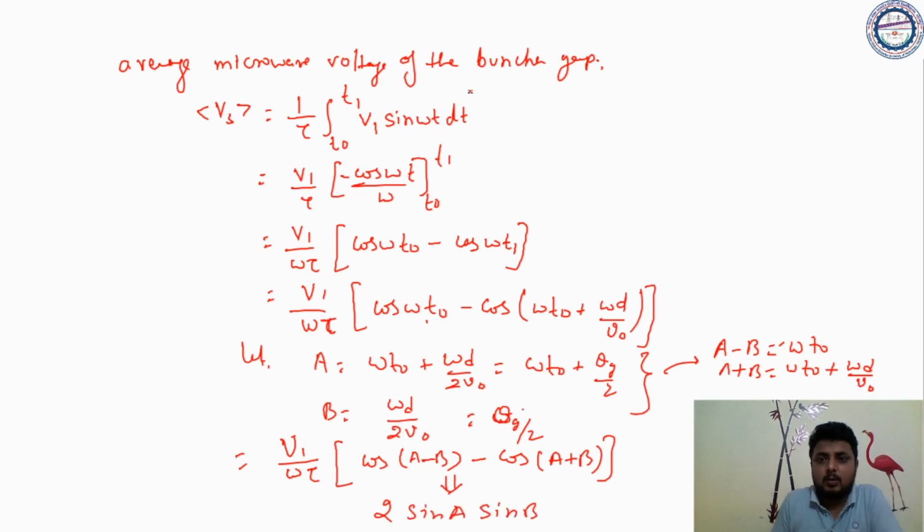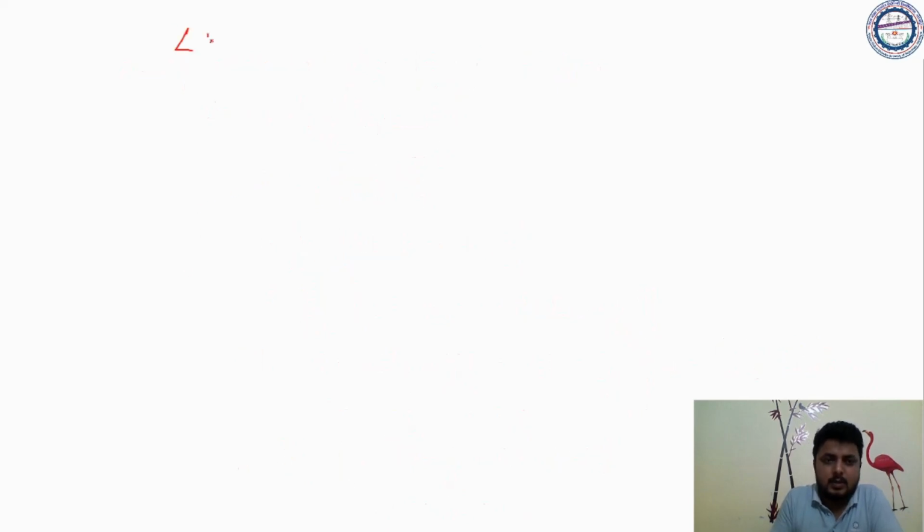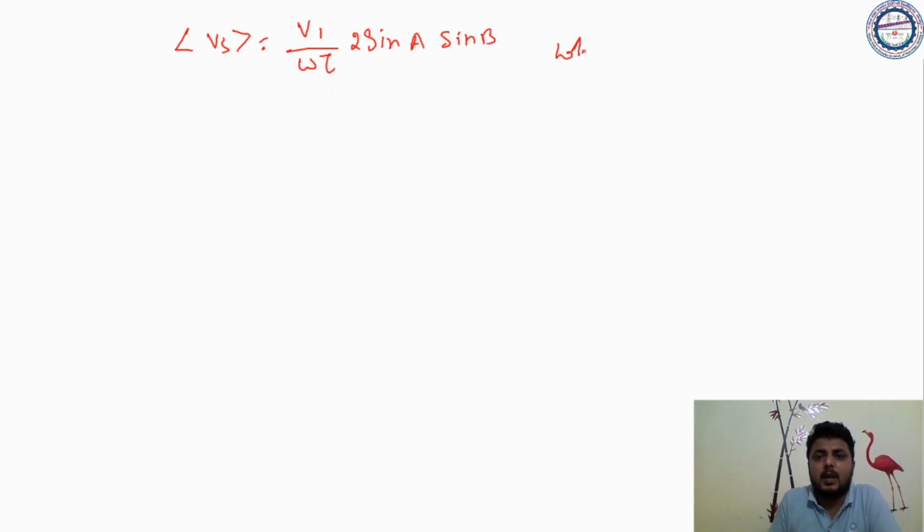So we will write it here in the next slide. This Vs should be equal to V1 upon omega into tau, and we have sin A into sin B into 2 times, where A was omega t0 plus theta g by 2 and B was theta g by 2.